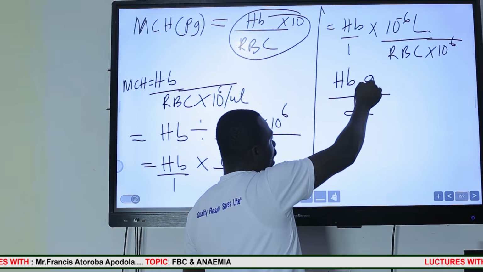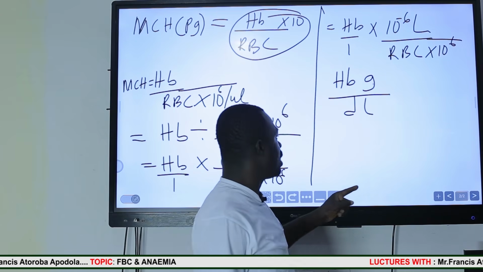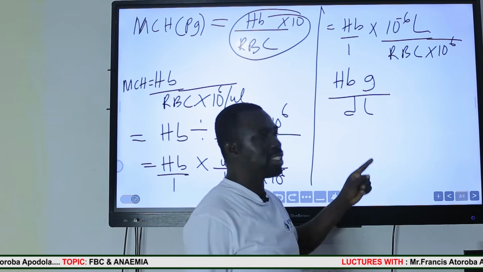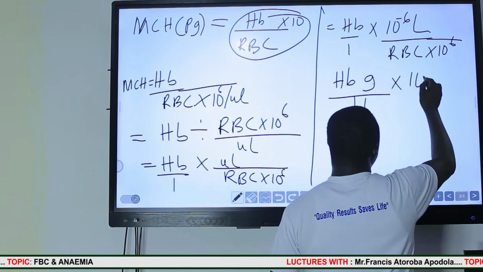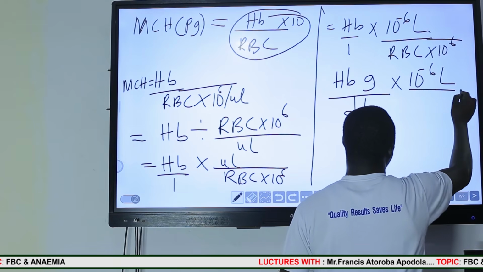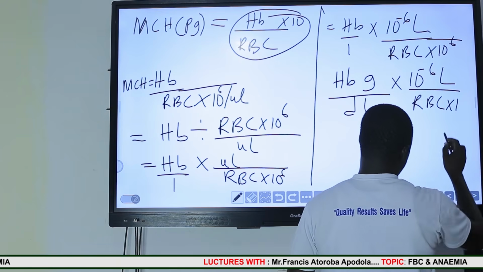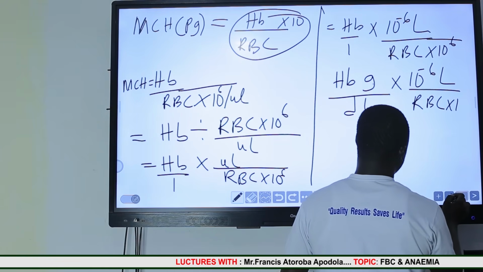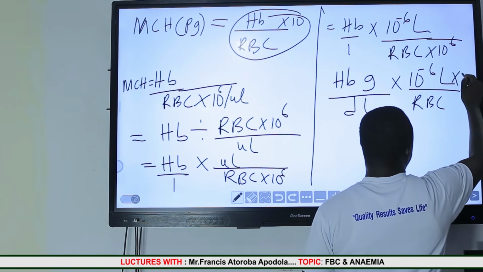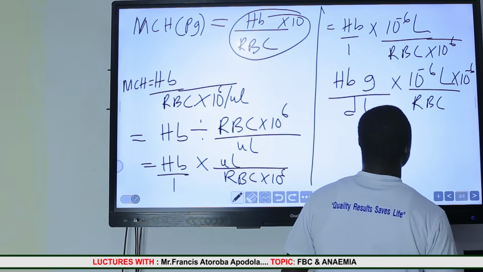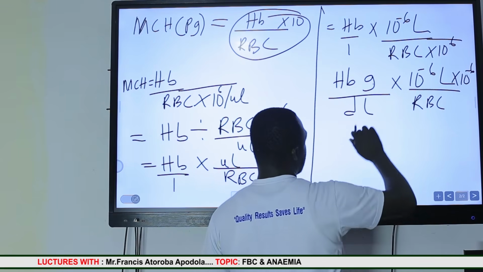So the value in grams per means divided by deciliter. Are we okay at this point? So times 10 to the power minus 6 liter divided by RBC times 10 to the power 6. So this will be times 10 to the power minus 6. Are you getting that?